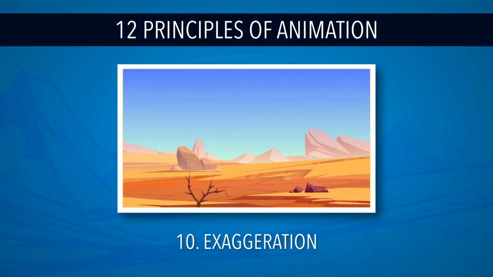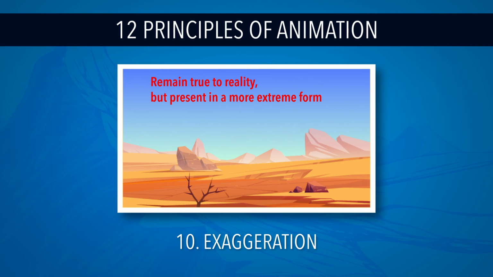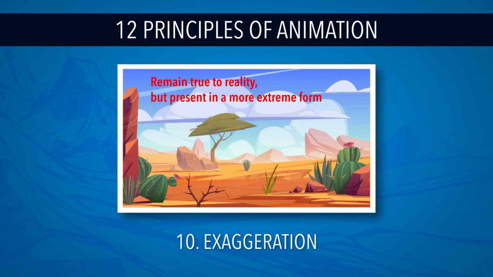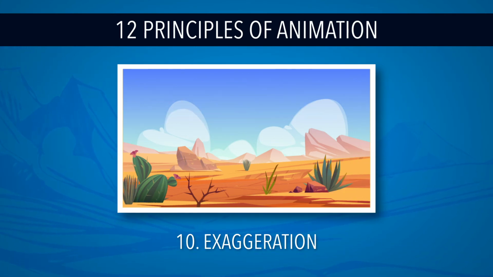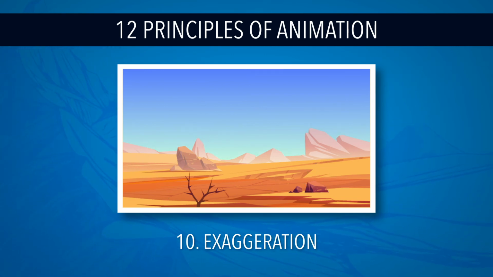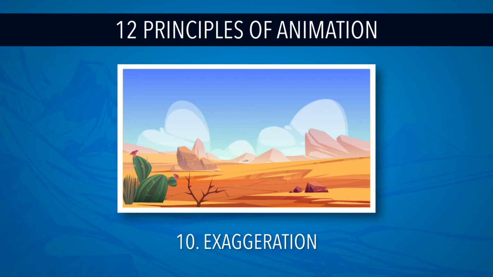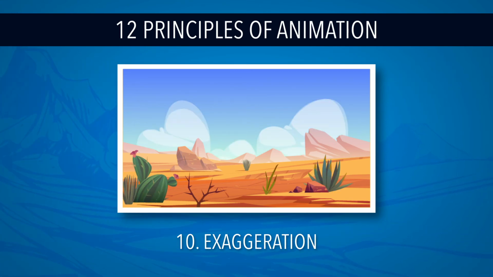The classical definition of exaggeration was to remain true to reality, just presenting it in a wilder, more extreme form. It is important to employ a certain level of restraint when using exaggeration. If a scene contains several elements, there should be a balance in how those elements are exaggerated in relation to each other to avoid confusing the viewer.